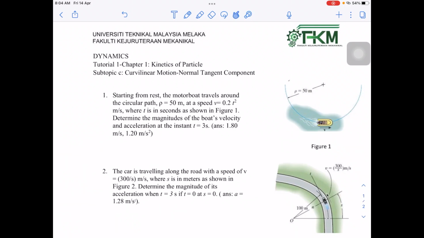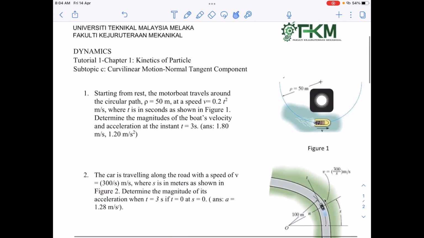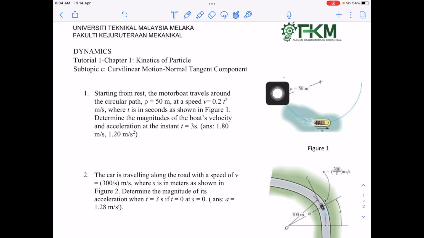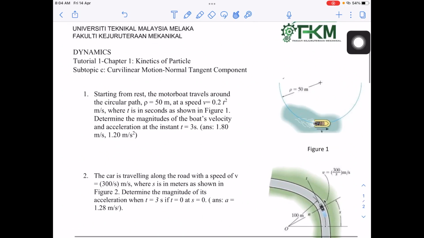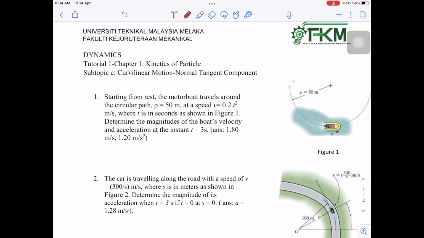So it says you have a boat traveling on a curved path. What is the velocity and acceleration at t equals 3 seconds? It's given that v equals 0.2 t squared, so this is a straightforward question. First, find the velocity at t equals 3.